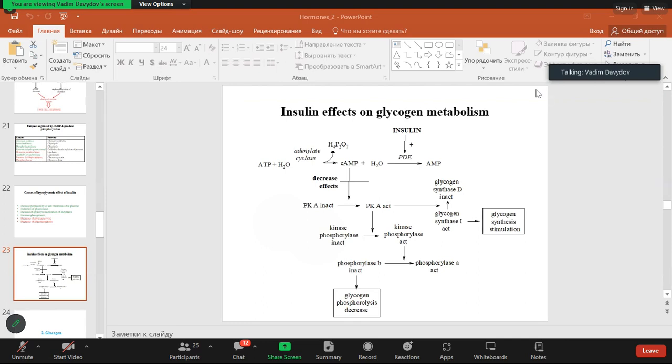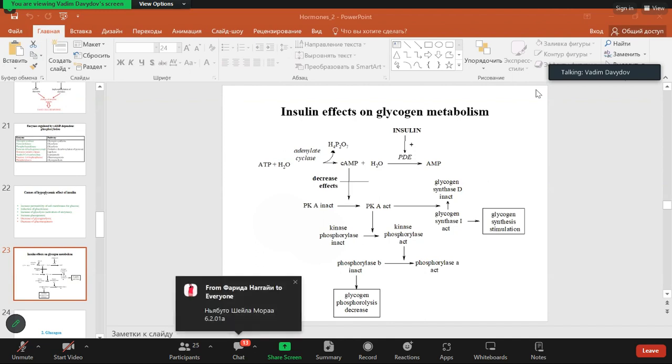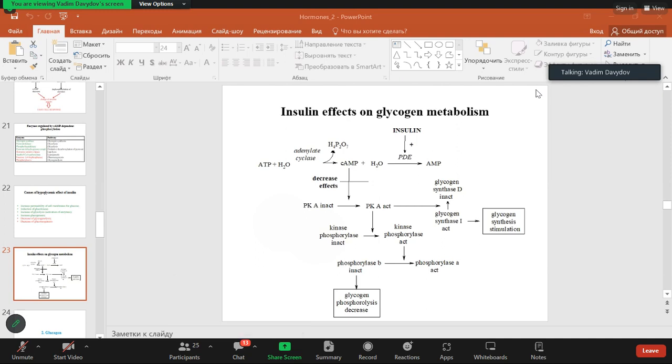First of all, activation of biosynthesis of fatty acids and activation of biosynthesis of cholesterol and phospholipids are the basis of increased lipogenesis by insulin.